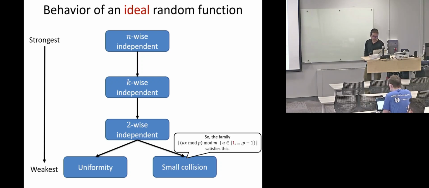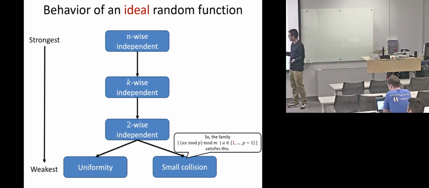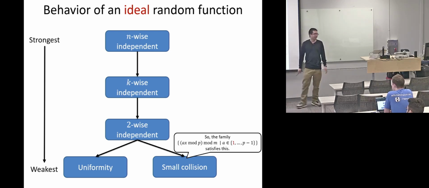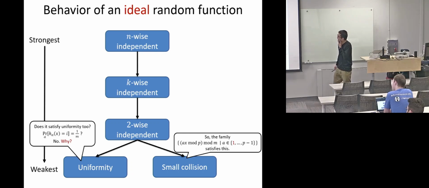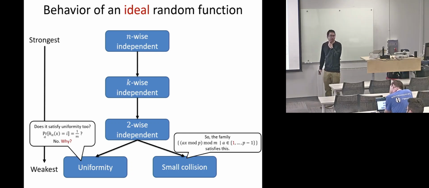But my point is that this super simple family satisfies this property, so that it behaves somewhat like a random function in a useful way. It's not as strong as n-wise, but it satisfies this much, and it's a simple family. A quick question: is this family uniform?